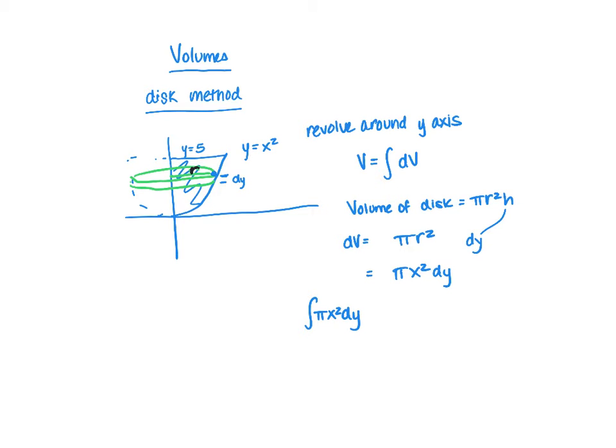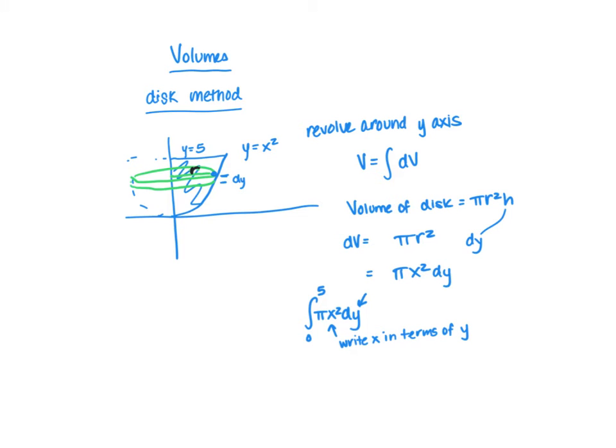This dy tells me that y is my variable of integration, and I'm going to integrate from 0 to 5, because that's where the top of this is. And this means I have to write x in terms of y in order to do the integration.